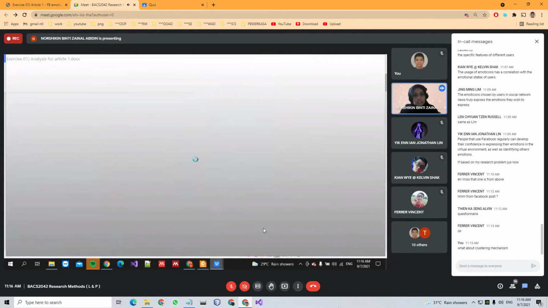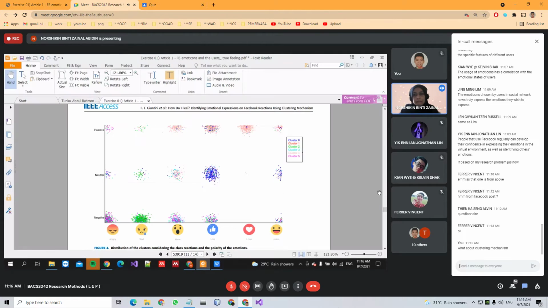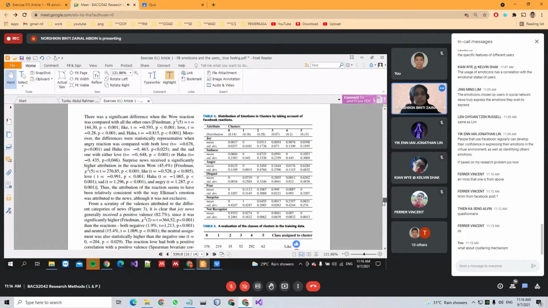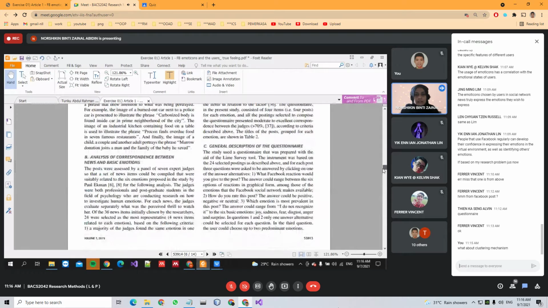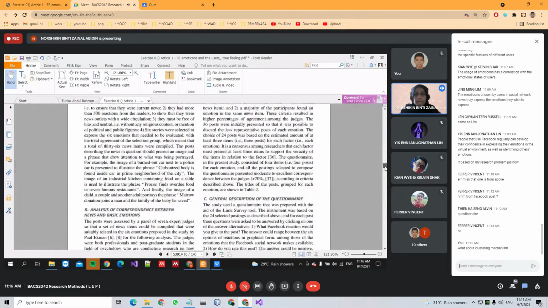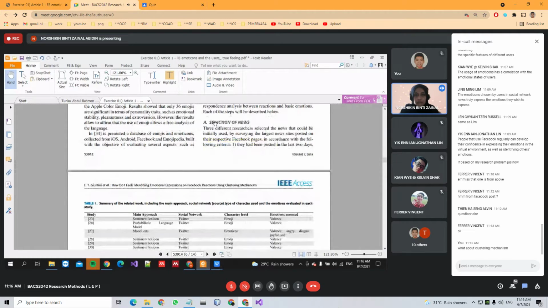Okay, but for this question now, data collection method is the one that I said just now. So sample, for this particular research, is what they get from their data collection. Here they said that they use the selection of news.